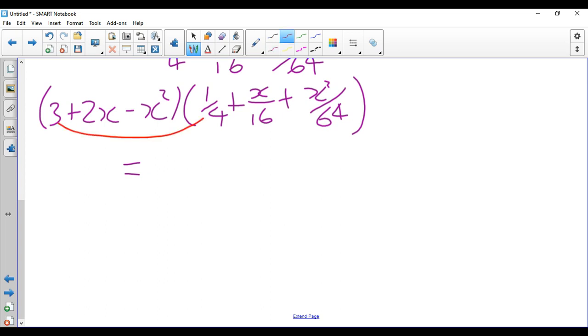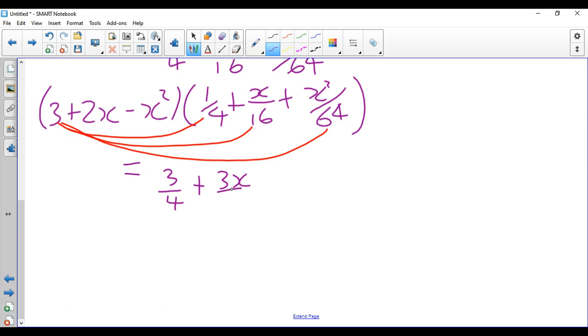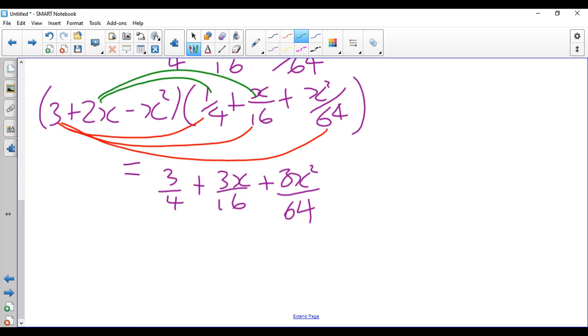Now 3 will multiply every term. So I'm going to get 3 quarters plus 3x over 16 plus 3x squared over 64. Now when I take the 2x, however, I'm only going to multiply it by those two because x times x squared is x cubed and I don't want it.